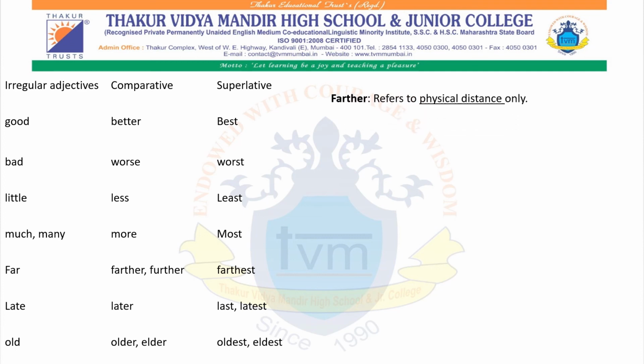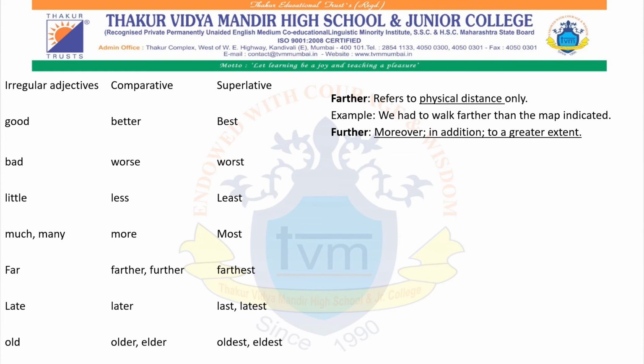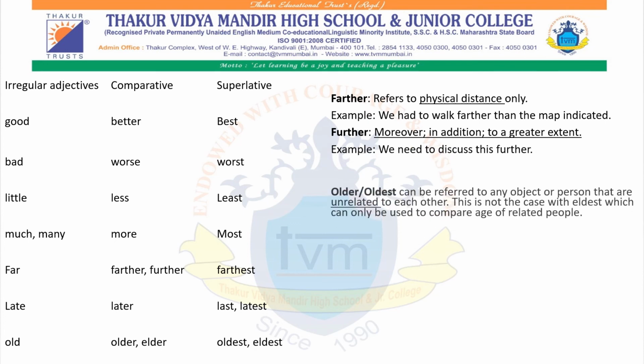Now, farther refers to physical distance only. Example: we had to walk farther than the map indicated. So it is about physical distance. Further means moreover, in addition, to a greater extent. Example: we need to discuss this further.